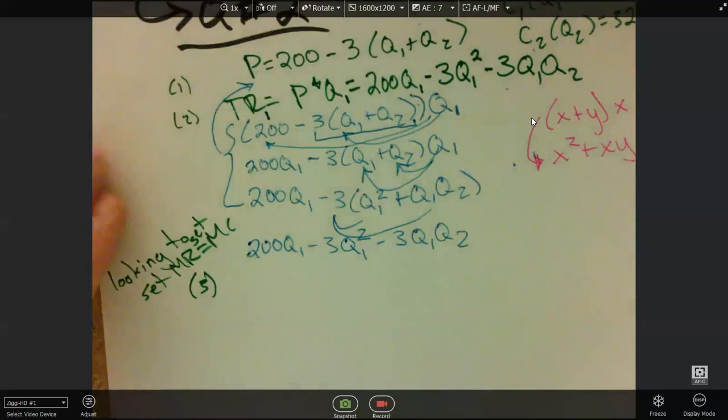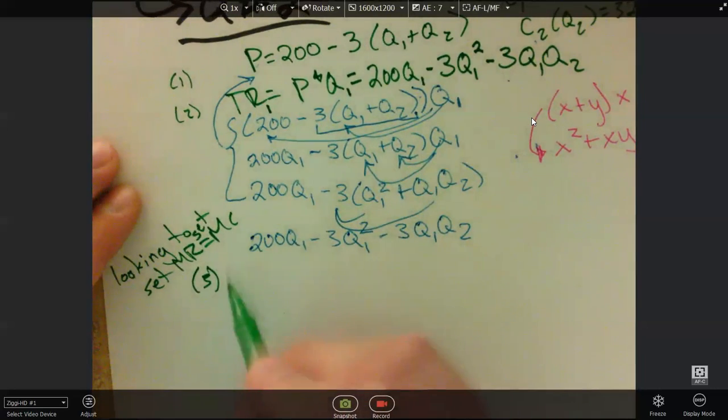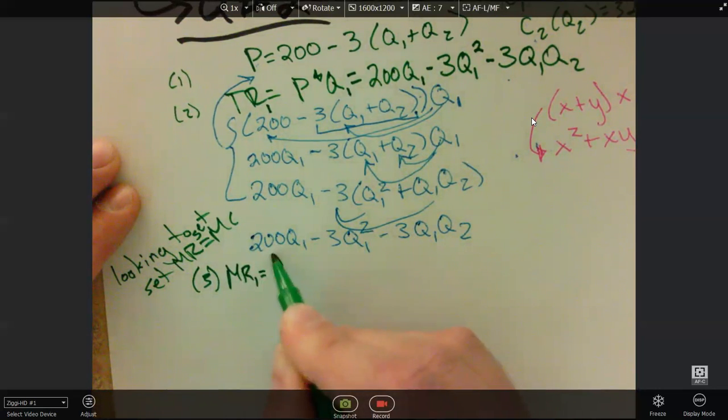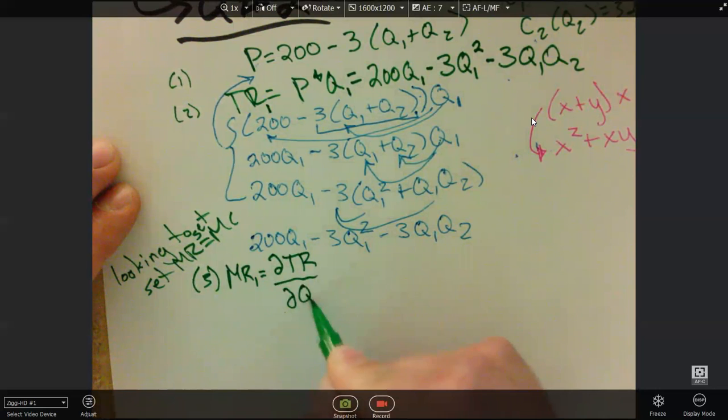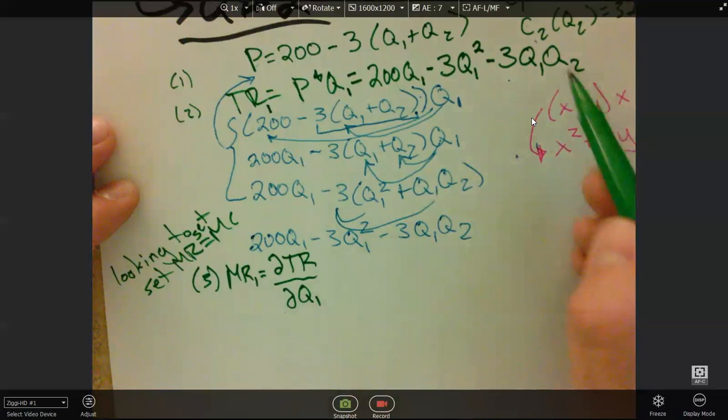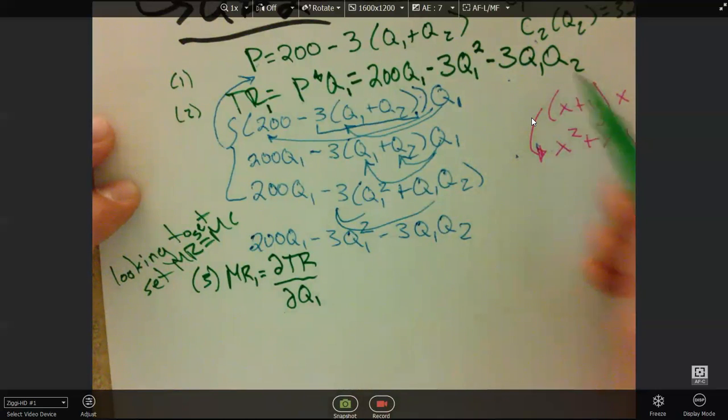All right. So the marginal revenue of firm 1, also known as the partial derivative of the total revenue with respect to quantity 1, right? So don't let this scare you. All this means is that we treat quantity 2 like a constant.